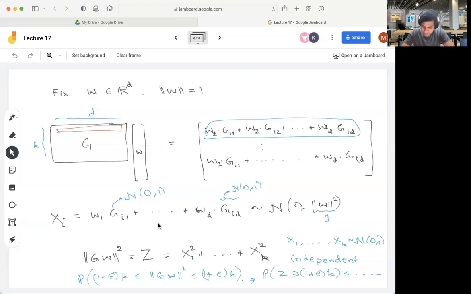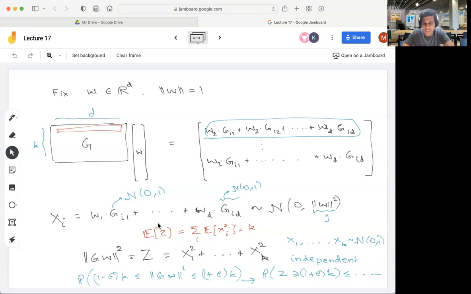And now it sort of makes sense why this k appears. Expectation of Z is just the summation of expectations of xi squared, which is just each of these terms is 1, so the sum is k.